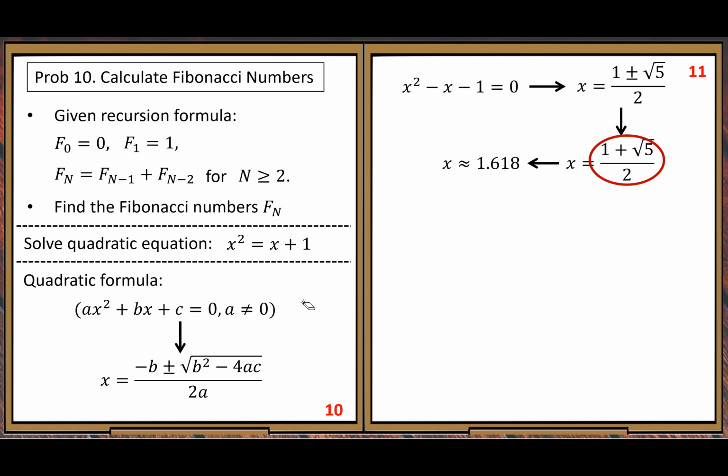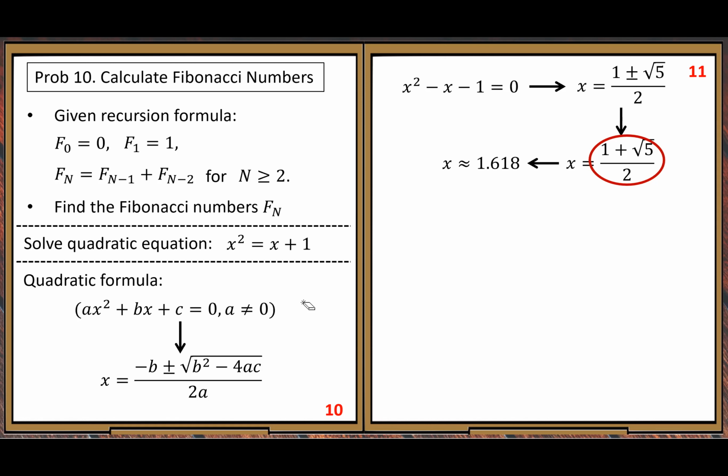Here, the approximate value is 1.618. But why do we drop the -1? The reason is simple. 1 minus root 5 is a negative number. Remember, what is the geometric meaning of x?